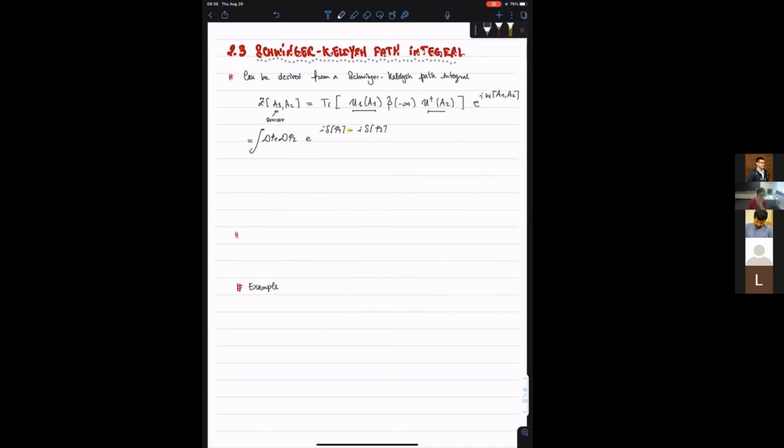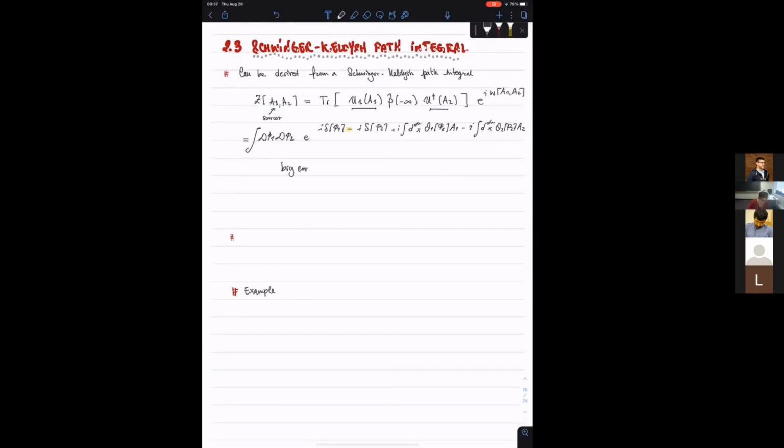And the sources are obtained by coupling certain operators, say operator 1, which is made of microscopic fields 1, with source A1, and then operators in the lower leg, 2, coupled to source A2. And there is also a boundary condition in which the fields and the sources are identified at future infinity.